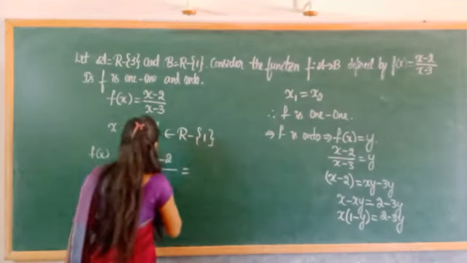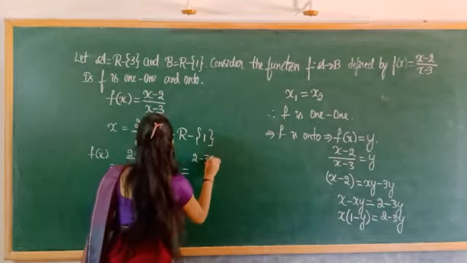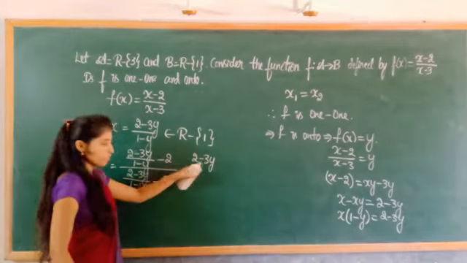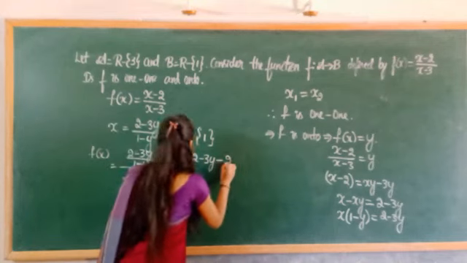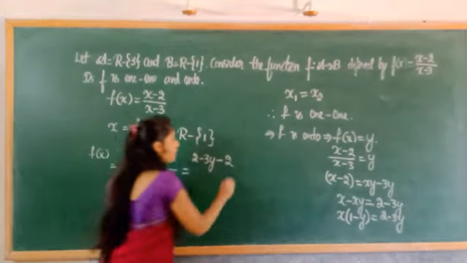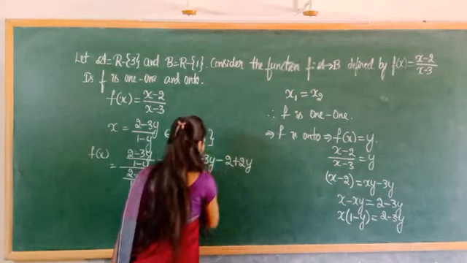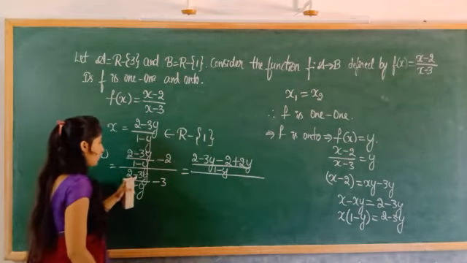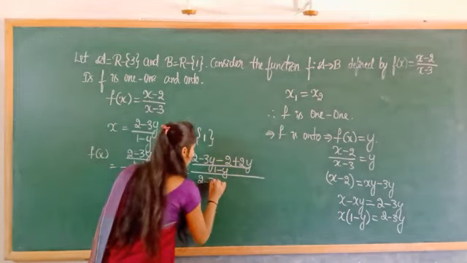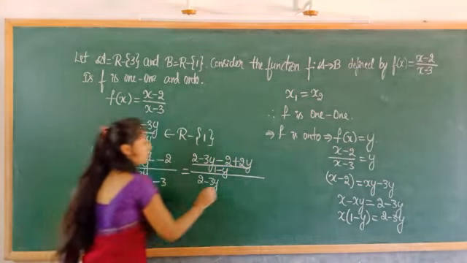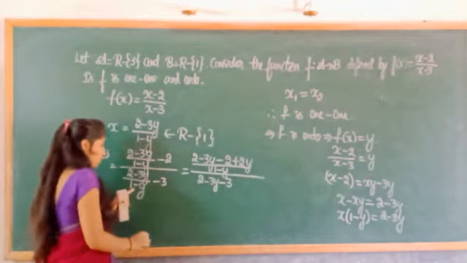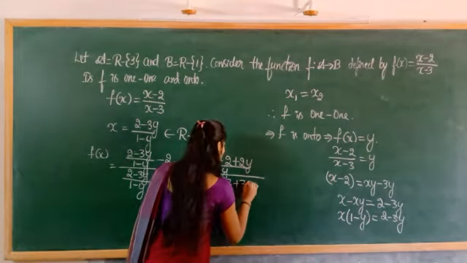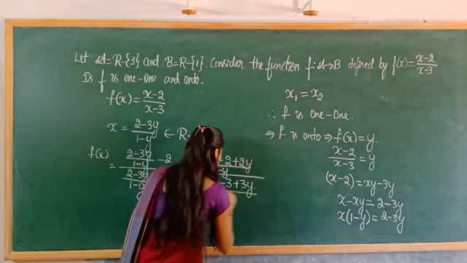The numerator is 2 minus 3y, and here multiply the term minus 2 by 1 minus y: minus 2, minus into minus, plus 2y, divided by 1 minus y. In the denominator, 2 minus 3y, and here minus 3 into 1 is minus 3, and minus 3 into minus y is plus 3y, over 1 minus y.